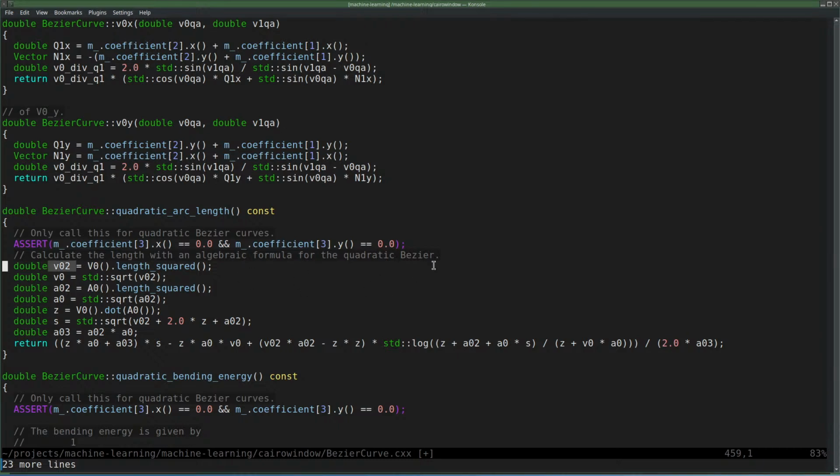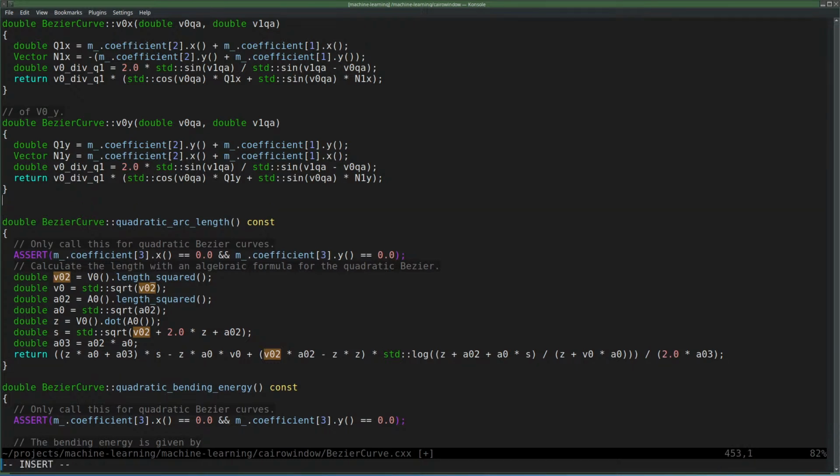That is that one. Definitely needs its own function, I think.